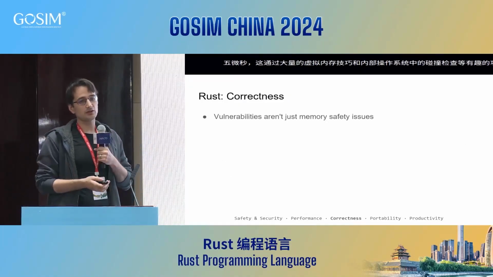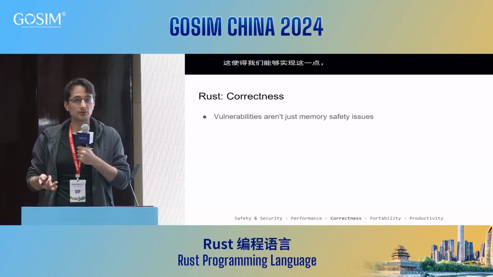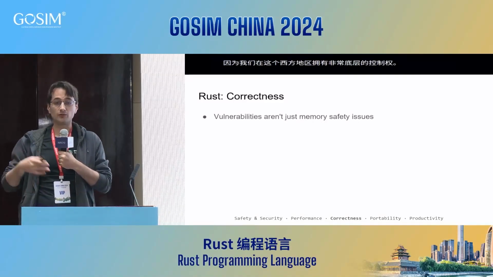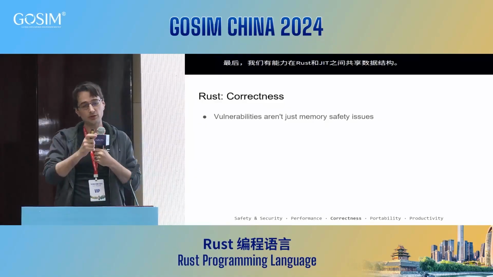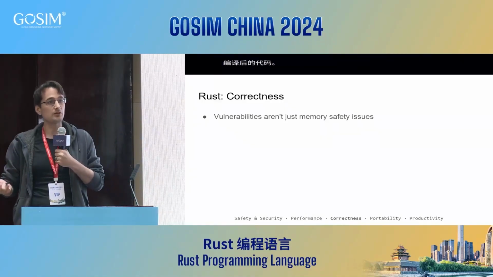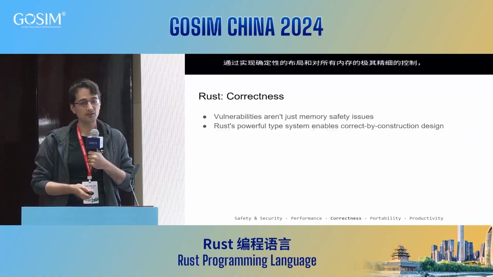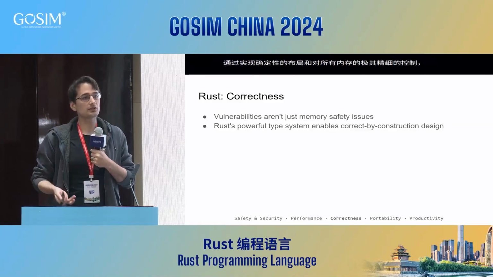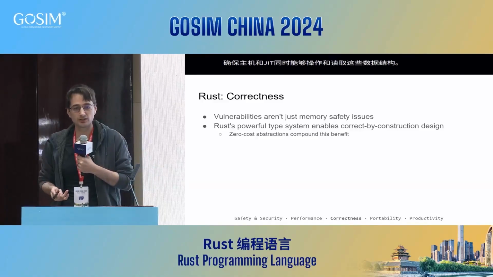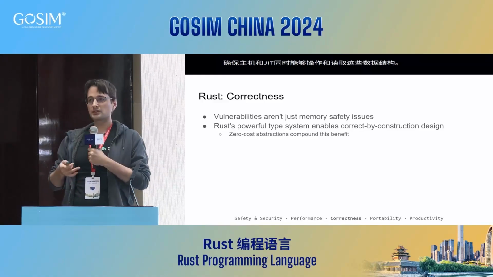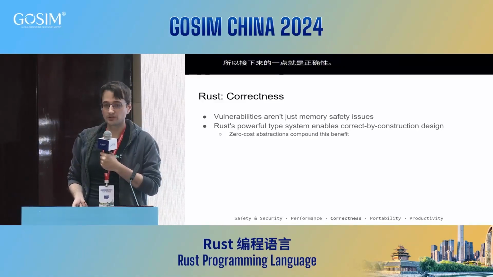The main thing here is that these vulnerabilities or critical security issues that we're trying to avoid in Wasmtime are not just memory safety issues. This is that extra 30% of that pie chart that are still found in browsers today, for example. But we'll try to leverage the Rust type system as much as possible to rule these out and make this a correct by construction design. A huge part of this is the whole concept of zero-cost abstractions in Rust.